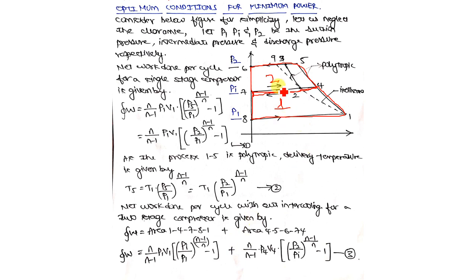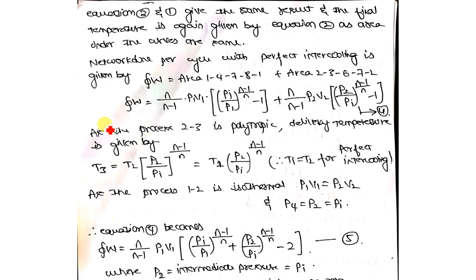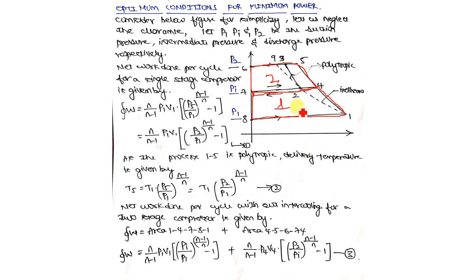Now, equation 3 and 1 gives the same result, and the final temperature is again given by equation 2 as the area under the curves are the same. That is what you can either calculate individually, you can calculate the work done for 1 and the work done for 2 and then add them to get the total work output, or you can apply the whole thing.